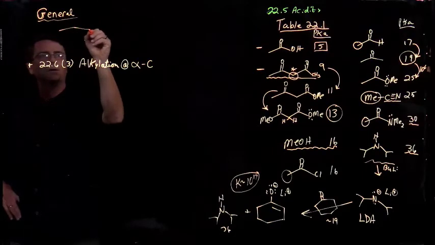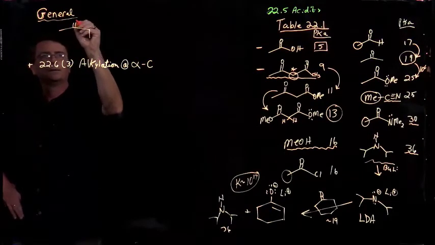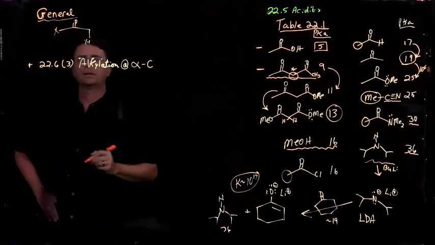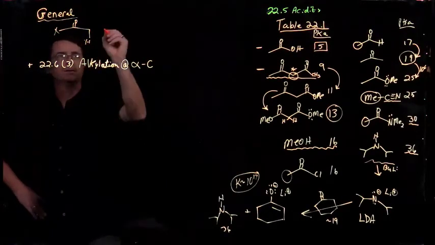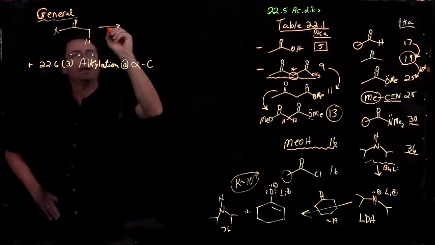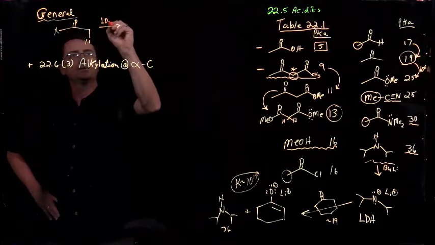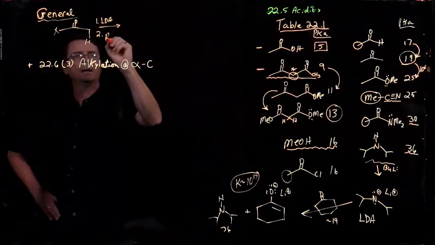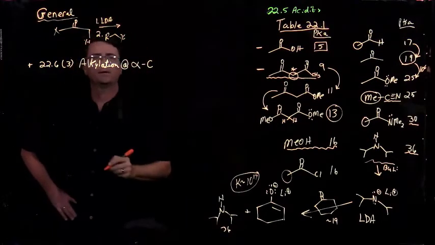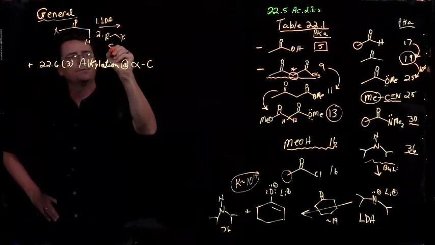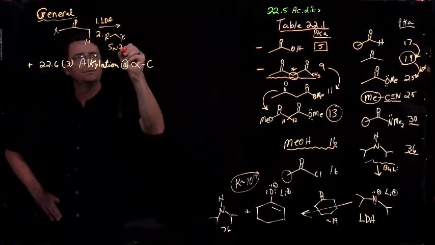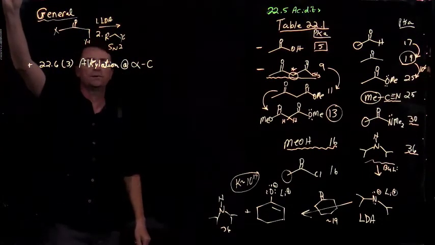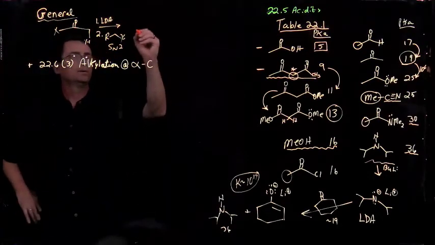If we take a carbonyl compound, and there's a whole variety of X's that we can use there. I'm going to illustrate a few of them. We can deprotonate those with LDA and then add an electrophile. Now this will be an SN2 reaction, and so it will have all the limitations of a normal SN2 reaction.